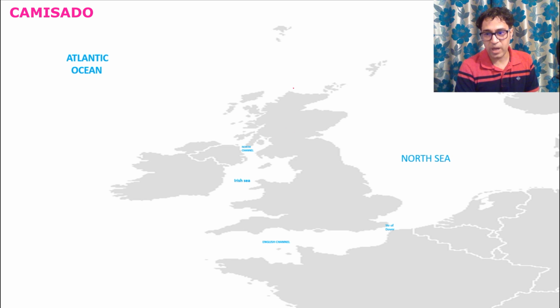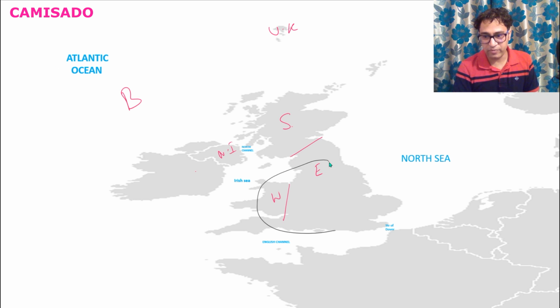So this is the map of the United Kingdom and the Republic of Ireland. So when we talk about the United Kingdom, it includes the following 4 regions. So this is Scotland, this is England, and this is Wales, and this is Northern Ireland. So when we talk about just Britain, then we include England and Wales.